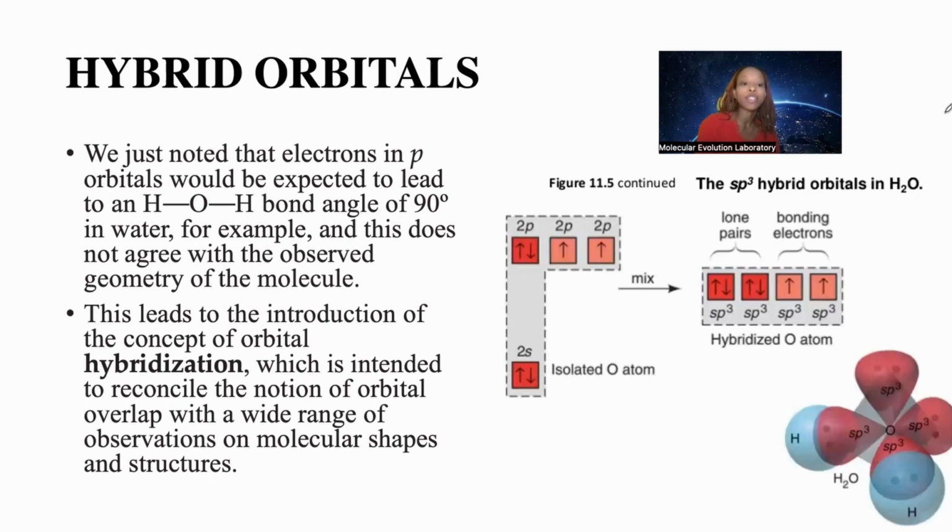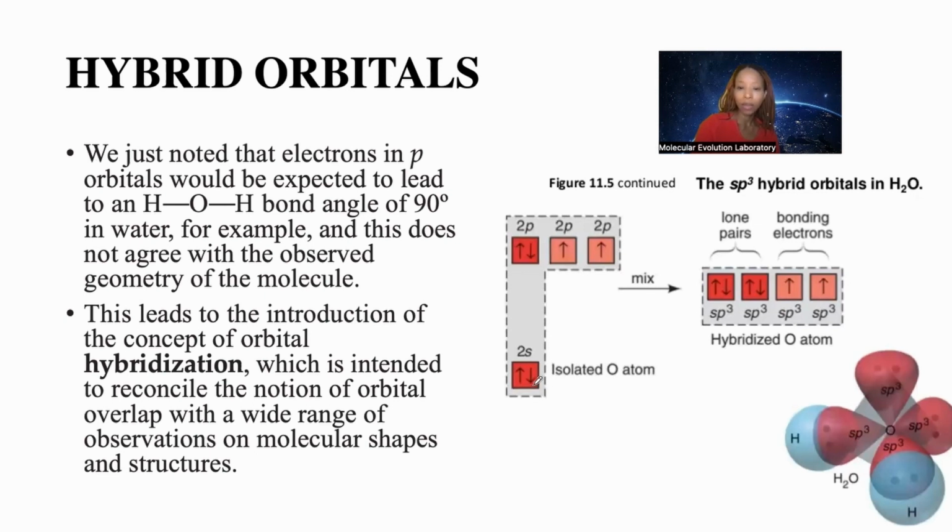This leads to the introduction of the concept of hybridization of orbitals, which is intended to reconcile the notion of orbital overlap with a wide range of observations on molecular shapes and structures. So an sp3 hybrid overlap in H2O would simply mean that you have one s orbital and 3 p orbitals overlapping, and this would be the electron configuration in this case.